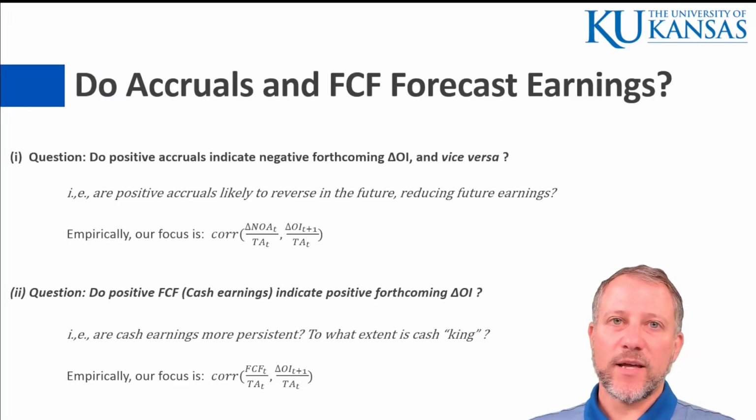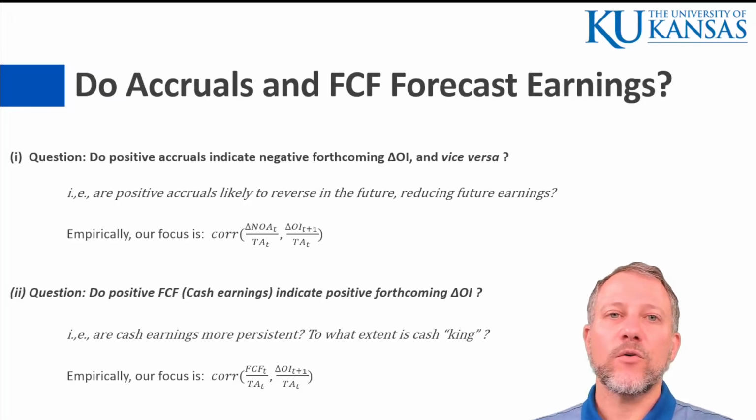As I explained, from the accrual perspective, the implication for future earnings is through the accounting conservatism or accrual reversal perspective. And you can see that the way we can write this out in terms of statistics notation is we're asking about the correlation between current changes in NOA and future changes in operating income.